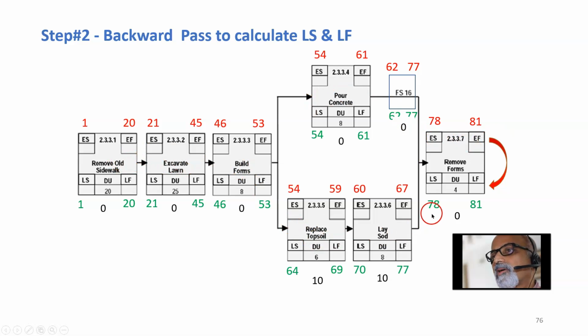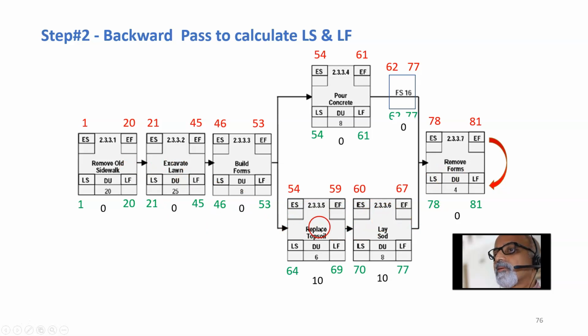Whereas the length of this path would be 20 plus 25, 45, 45 plus 8 is 53, 53 plus 6 is 59, 59 plus 8 is 67, 67 plus 4 becomes 71.